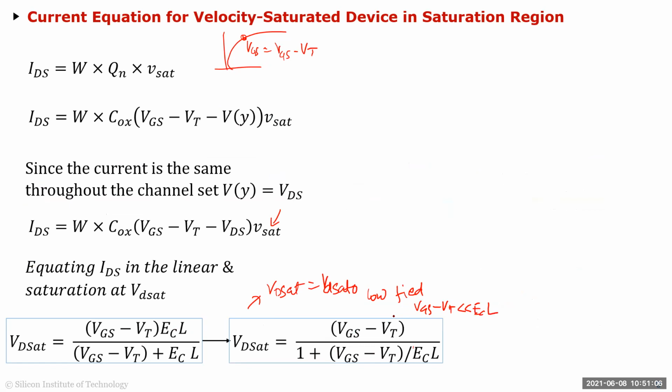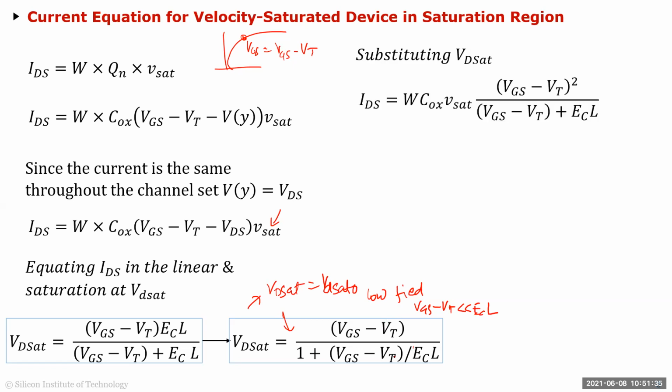So essentially what we did was add a correction term to the mu and Cox term for the linear equation, and for the saturation equation, we added a correction term to the VDSAT equation. So for short channels, this is how you're going to calculate the VDSAT instead of calculating with VGS minus VT. You're going to use this equation, which is going to give a lower voltage, obviously.